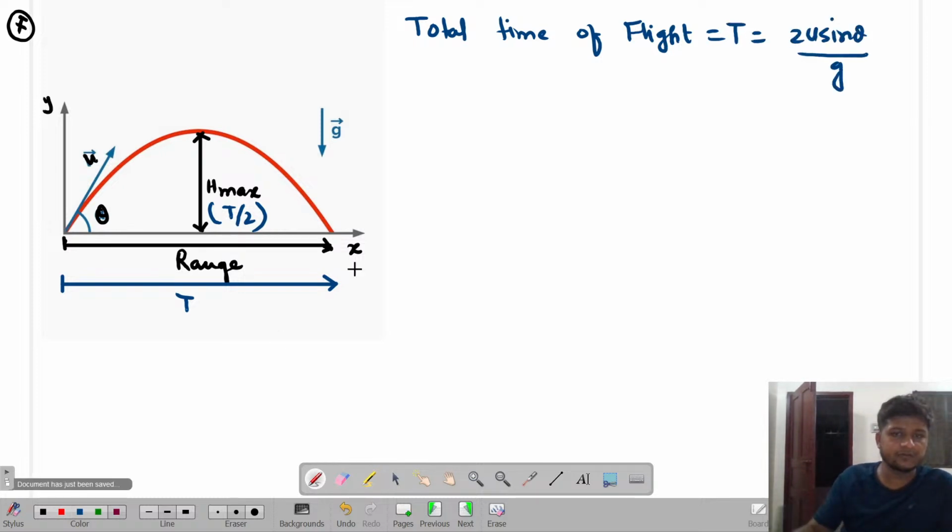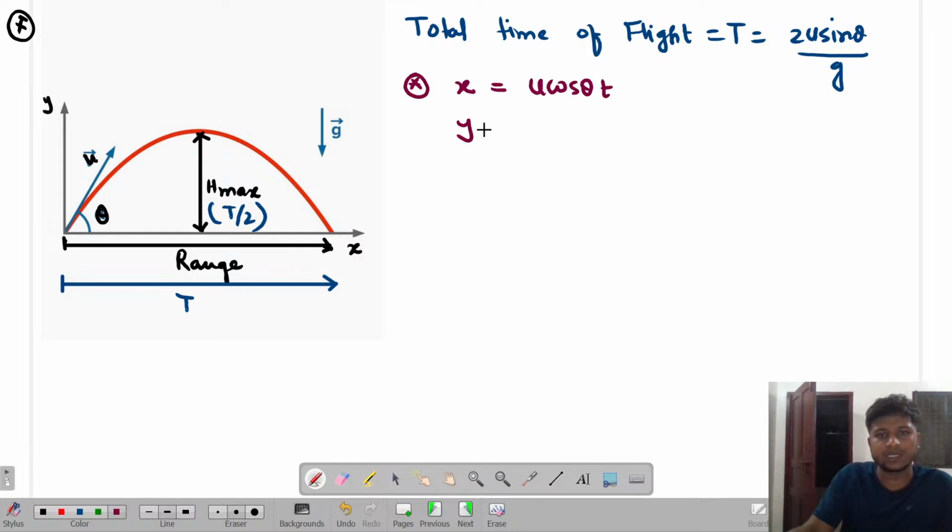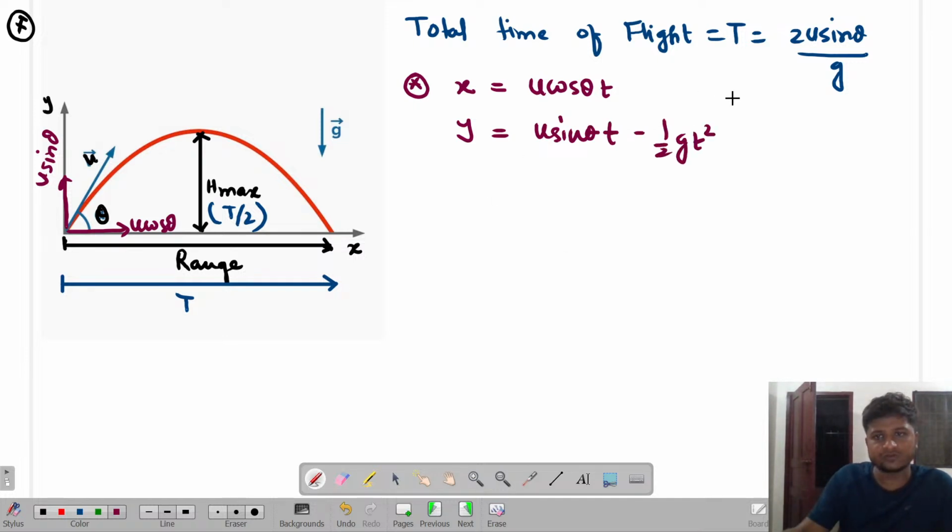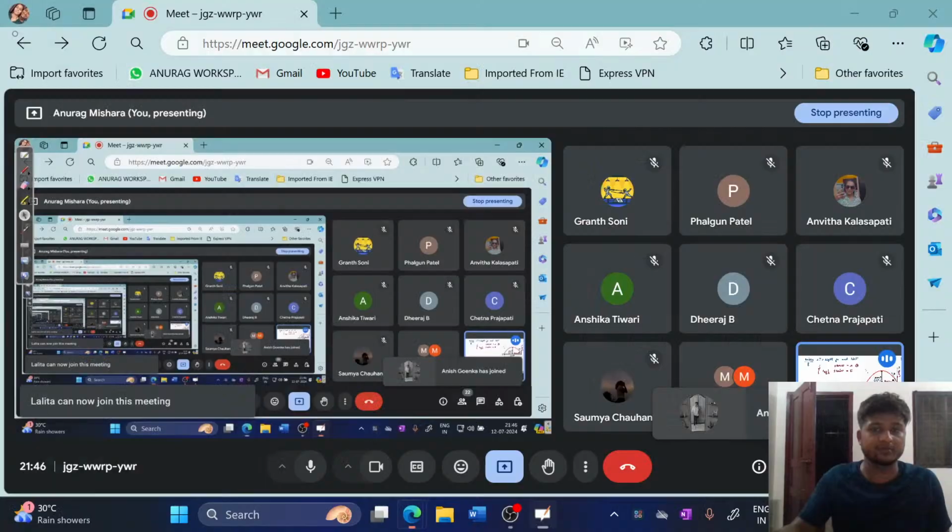So the x coordinate equation was written as u cos theta into time t, and the y coordinate equation was written as u sin theta t minus half g t square. So this was my x and y coordinate of the particle with respect to time, isn't it?